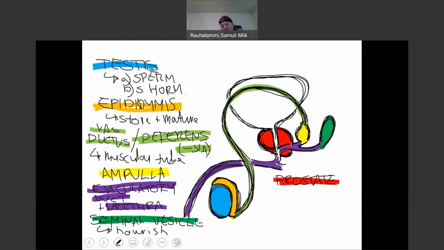We also want to notice that both the urinary system and the reproductive system have ducts that run through the prostate gland. And this could become an issue if there's excessive growth of the prostate, which is the reality for many of us men when we get older, that the likelihood of having excessive growth of the prostate increases.